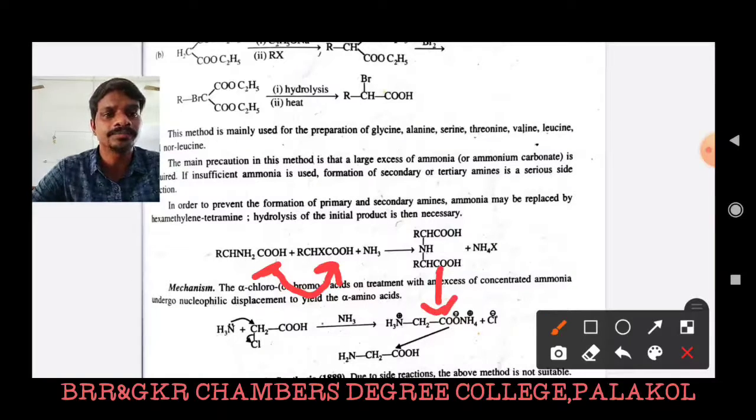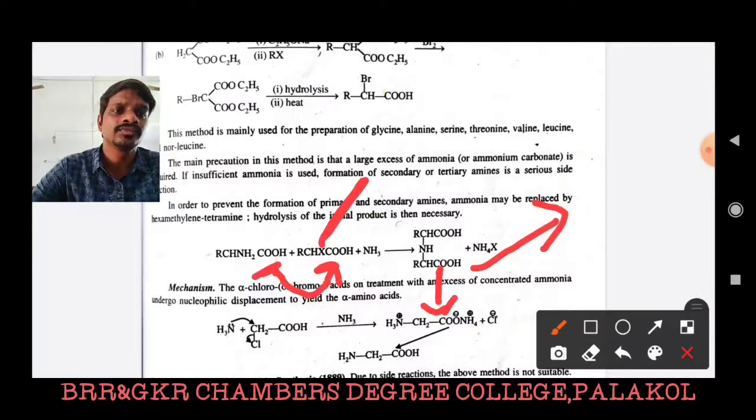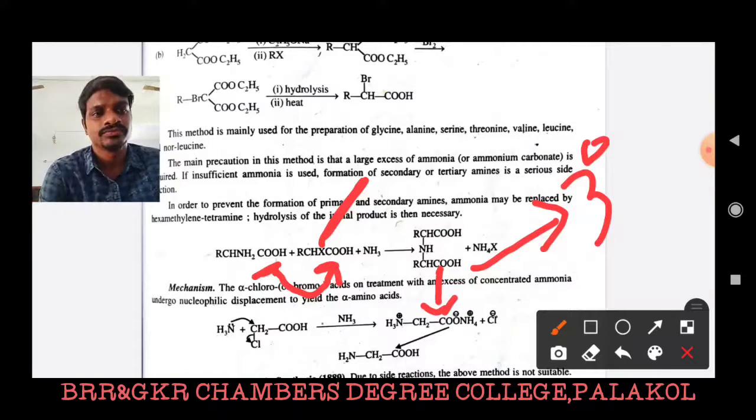And again this secondary amine is reacted with another mole of alpha halo carboxylic acid. Then it is converted into a tertiary amine. It is a serious side reaction if you use insufficient ammonia. If you use excess of ammonia, then definitely good yields of primary amines, that means alpha amino acids, are obtained by using this method.